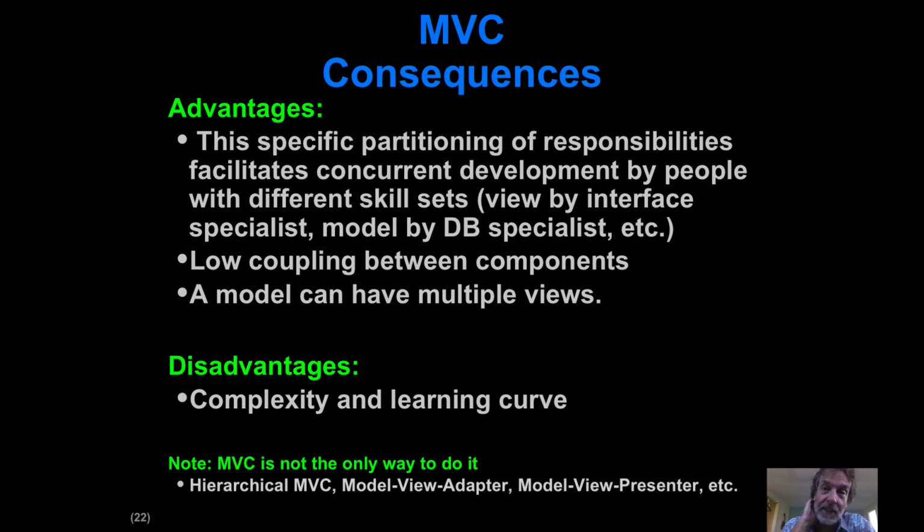And conveniently enough, the MVC design pattern has one component called the model, which is essentially the database, and another component called the view, which is the user interface. So now the actual design pattern, which is an architectural design pattern in this case, neatly aligns with the kinds of skill sets that people in the organization actually have.